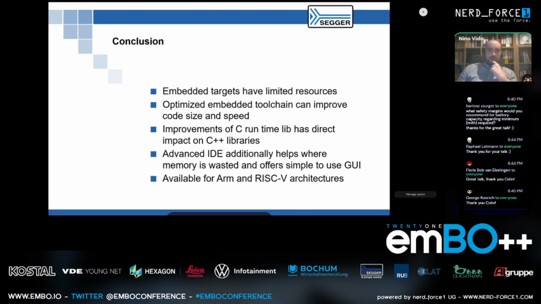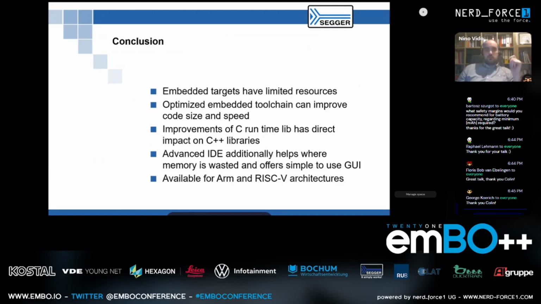This is why we think it's important to have a good partner here and a good software base that can be used. And let's not forget that any improvement you do in a C library, in the end, all C++ libraries you might use on top will profit from this. So if you call new, you will always use malloc in a C library. So if this malloc is small, your new will get smaller and faster. And this is also something to always keep in mind.